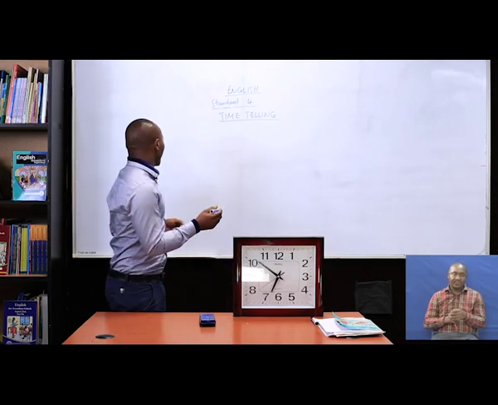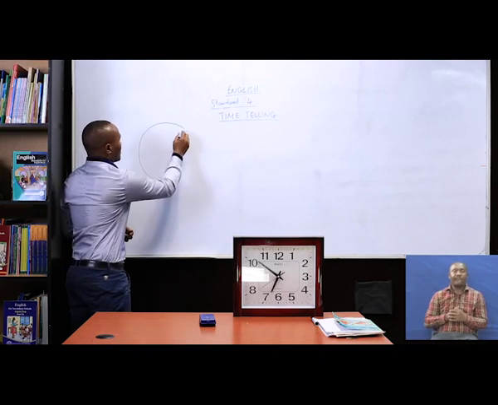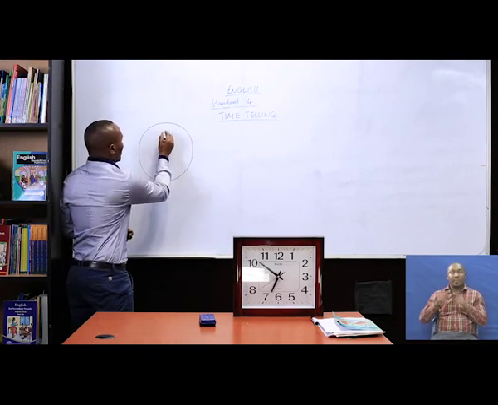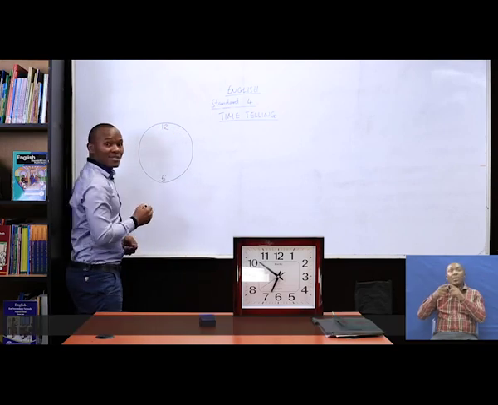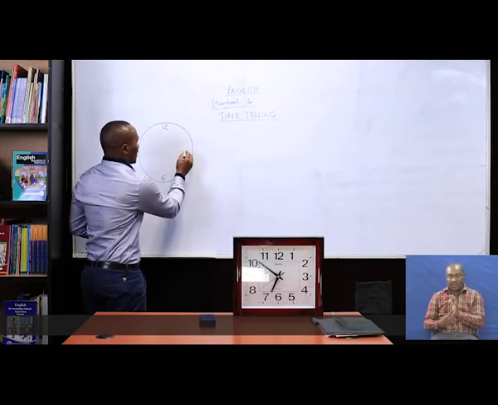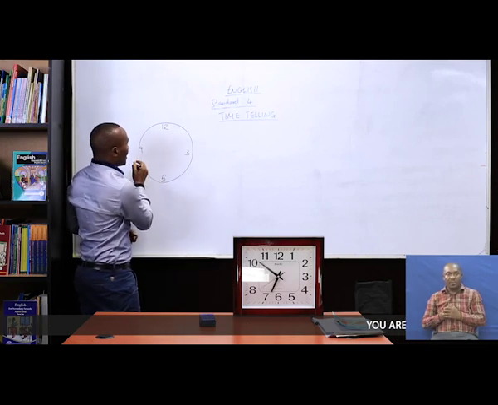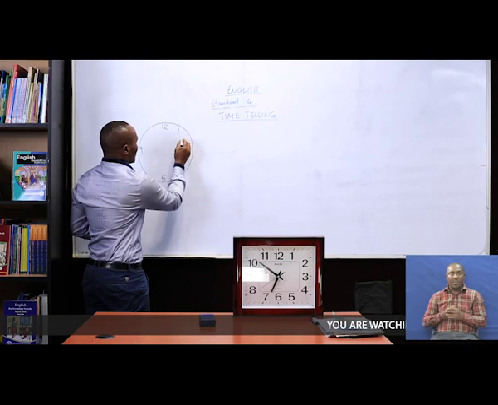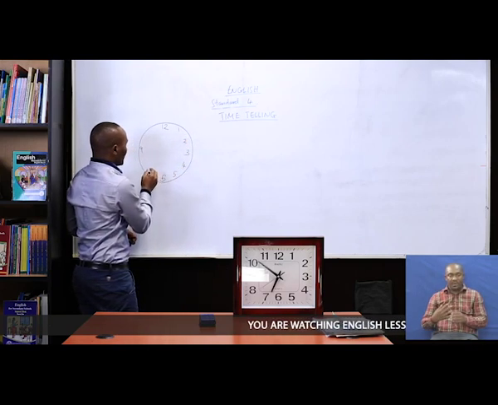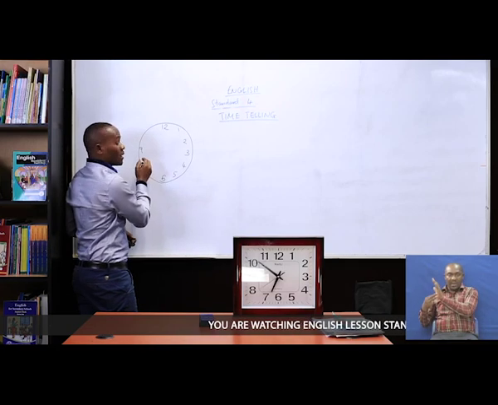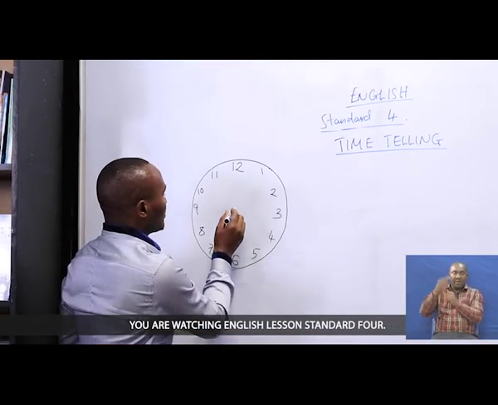Let me show you something. This is our clock face. We write number 12 here, number 6 there, number 3, number 9, 1, 2, 4, 5, 7, 8, 10, 11.